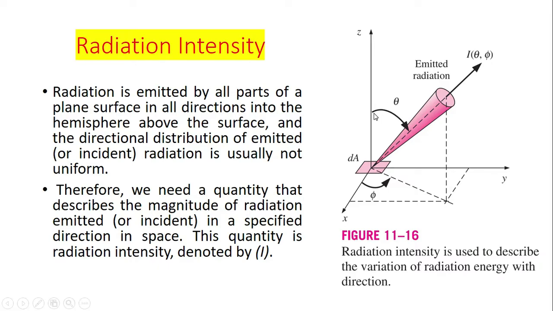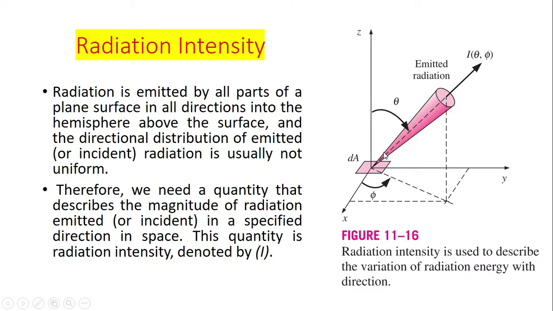This is the zenith angle, and this is a radiation which is emitted out from a point on a particular plane having the area dA. This angle is called the zenith angle, which is the angle between the z direction and the direction of the emitted radiation.